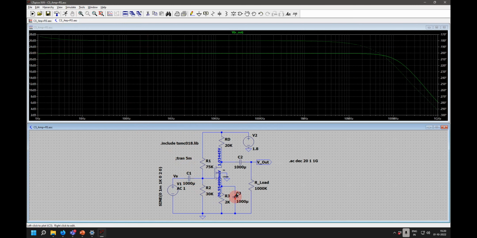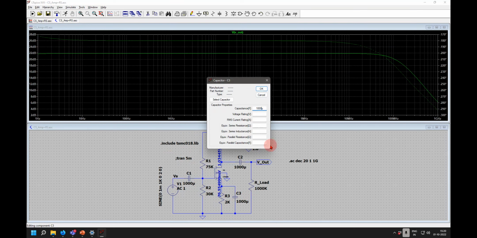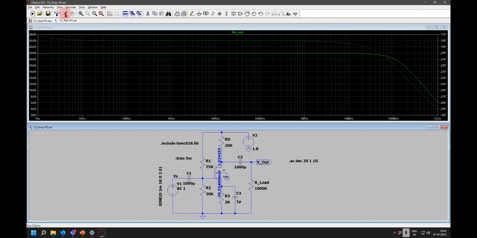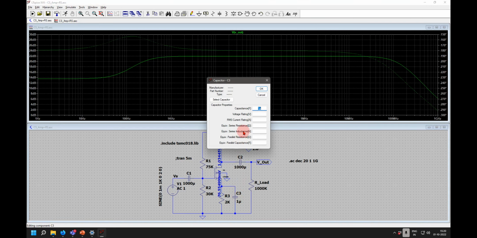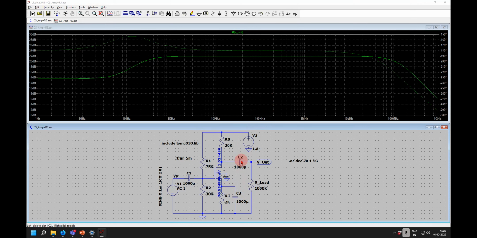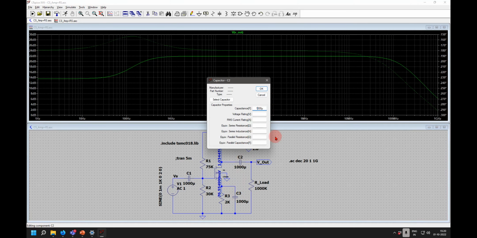Now even this capacitance can cause an issue for low frequencies. If I put 1 micro here and run it, again it is causing an issue at the low frequencies. So even the third capacitance out here. These are all external capacitances, so we have to take care of these in design.